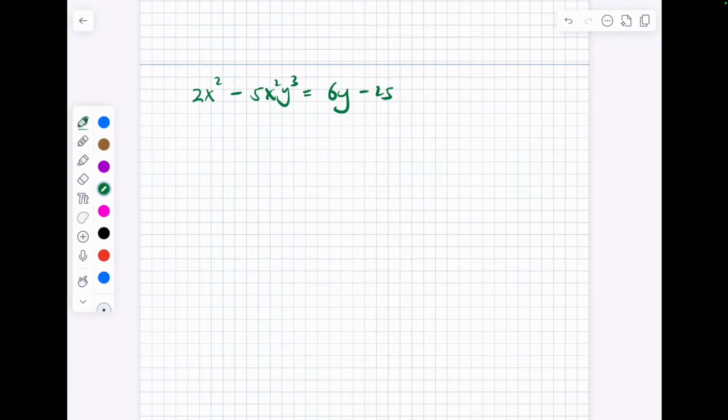I teach a lot of outside school kids, and I teach them. I say, hey, this cone and this cylinder have the same height.